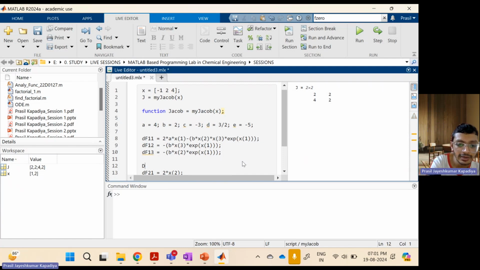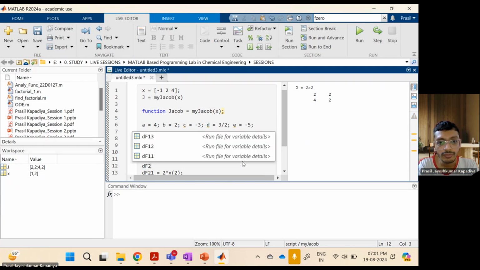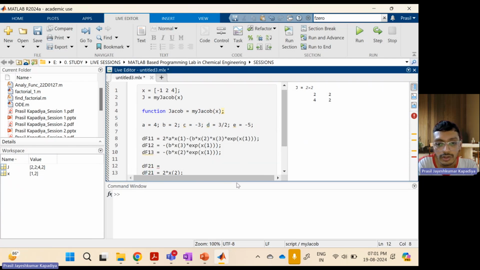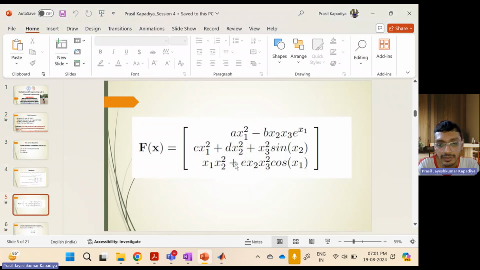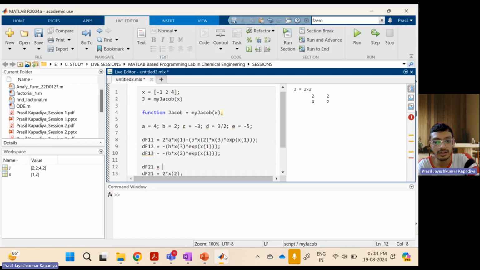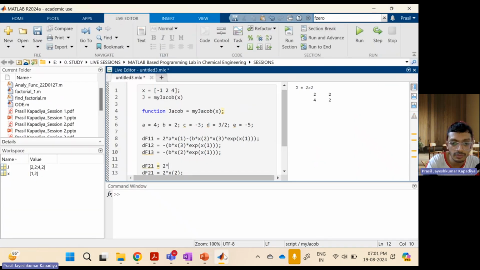Now I will be differentiating my second equation with respect to the first variable. So with respect to x1, it is just 2c x1. I will be writing 2 into c into x of 1.